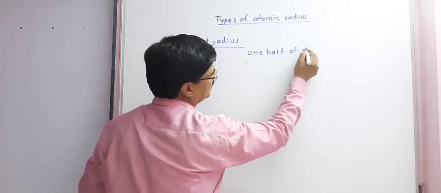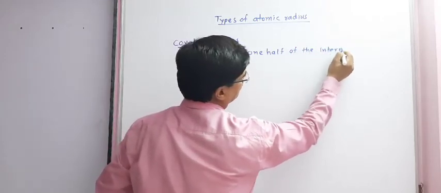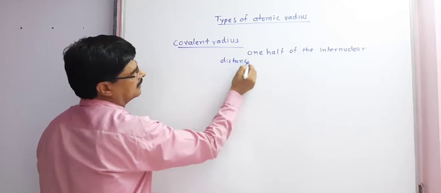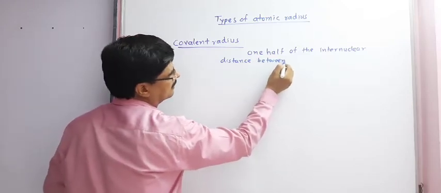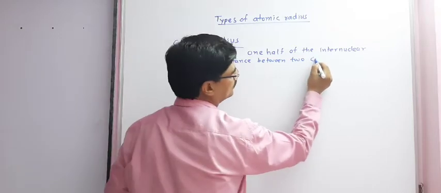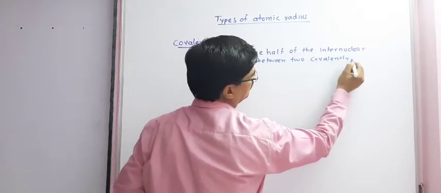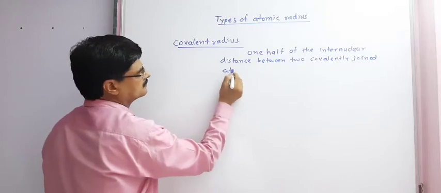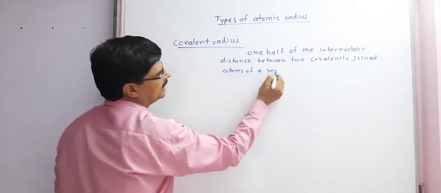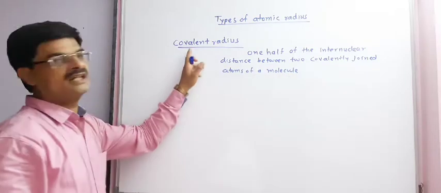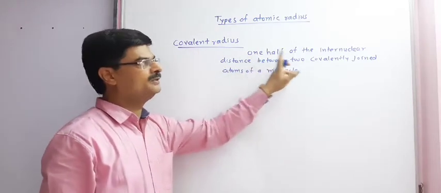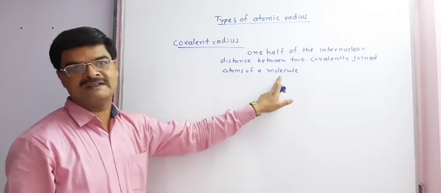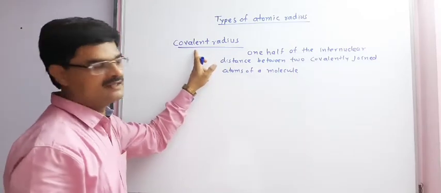One half of the internuclear distance between two covalently joined atoms of a same molecule is known as covalent radius.